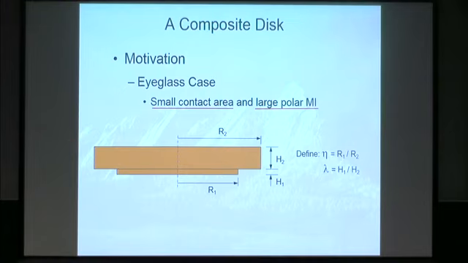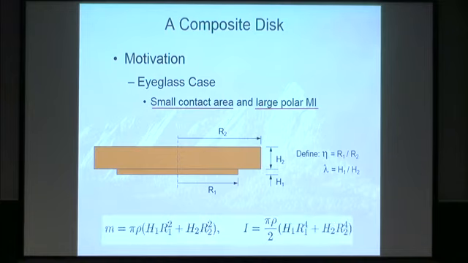And we can define the radius ratio as R1 over R2, and the height ratio lambda is H1 over H2. It's very easy then, of course, to calculate the total mass of the disk for uniform density rho, and the polar moment of inertia for the combined two-tier disk is given here. So those are simple calculations.